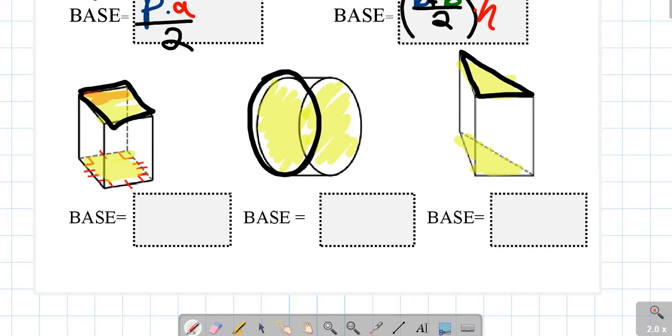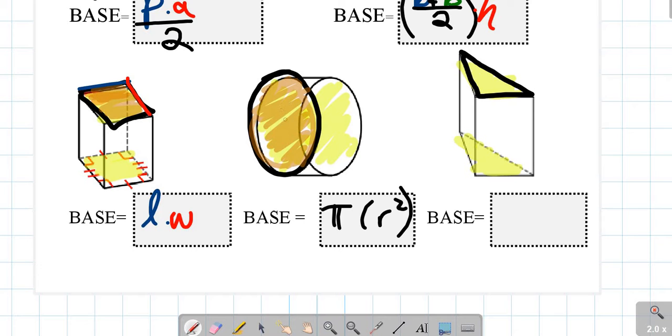If I'm finding the area of this base, you simply do length times width. Length times width. Of course. If I'm finding the area of this base right here, this circle, that is pi r squared. You get your radius, and you find pi r squared. Now, if I'm finding the base of this right triangular prism, there's a couple ways you do triangles.